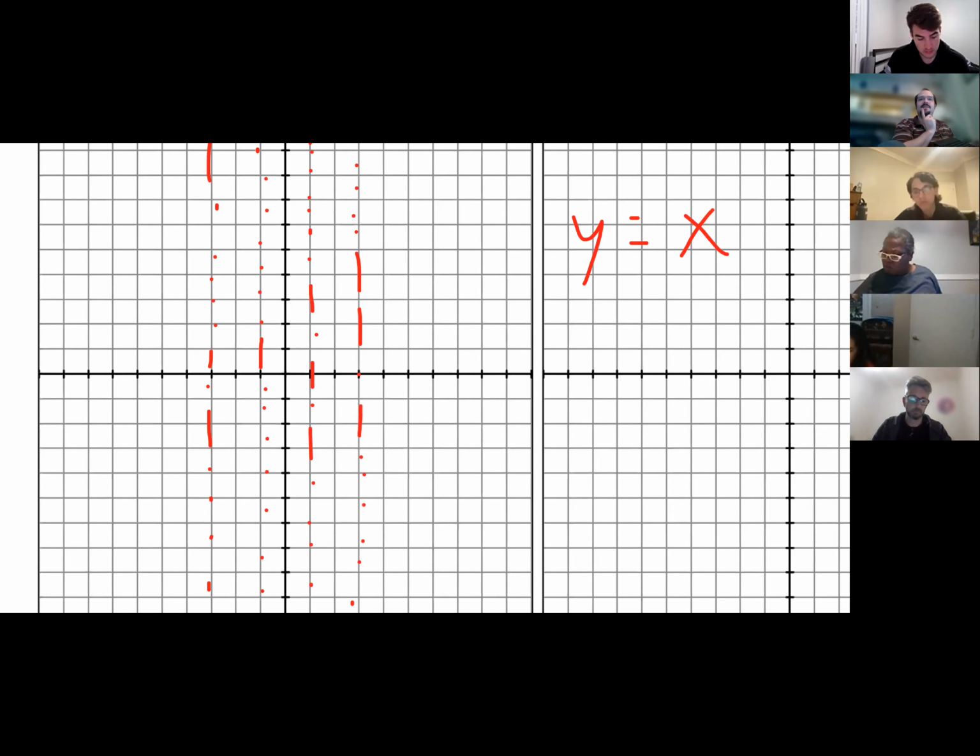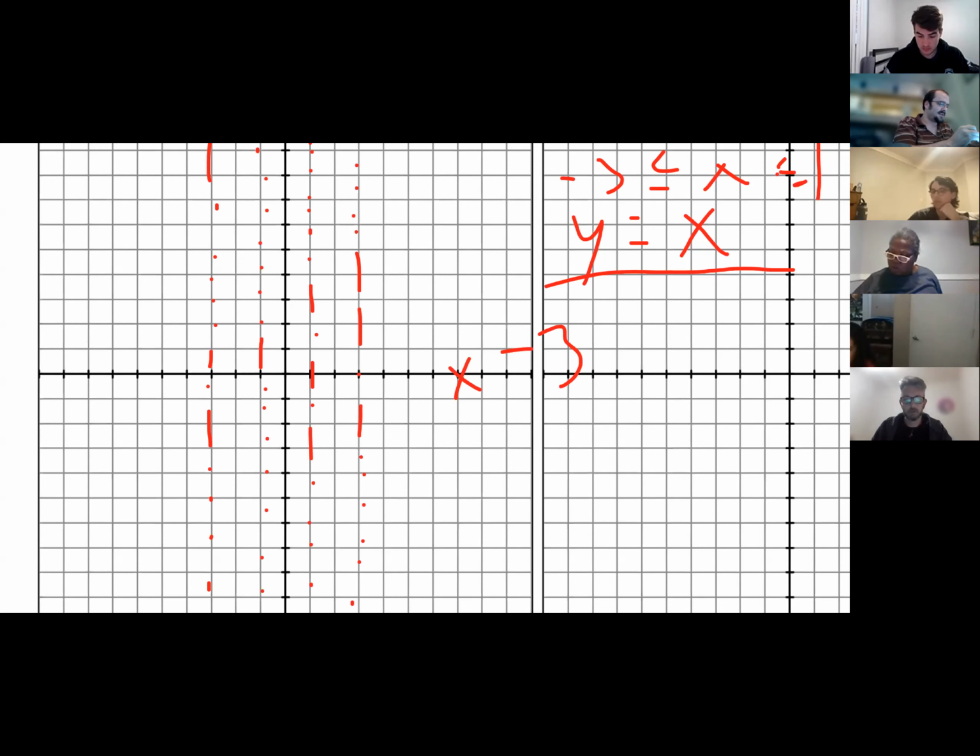So what is the first thing I want to plug in? I want to find points. It's for x's between -3 and -1. So it's -3, then -2, -1.